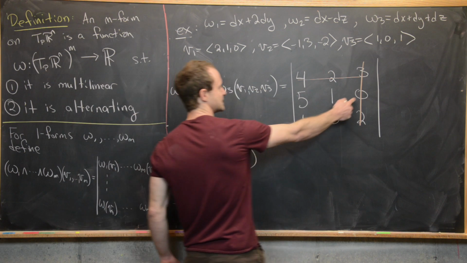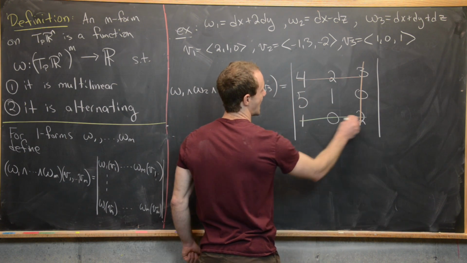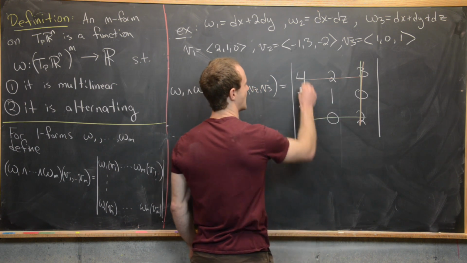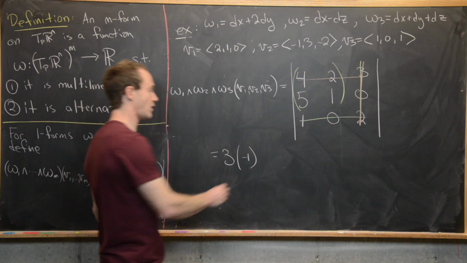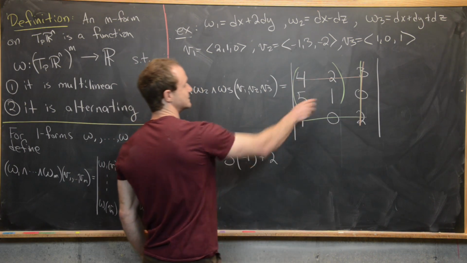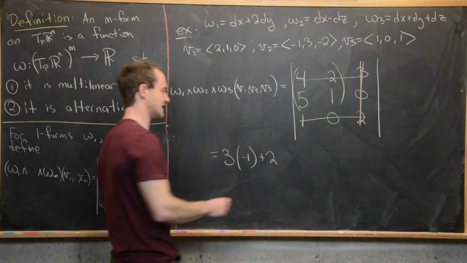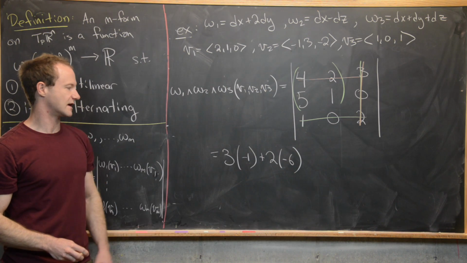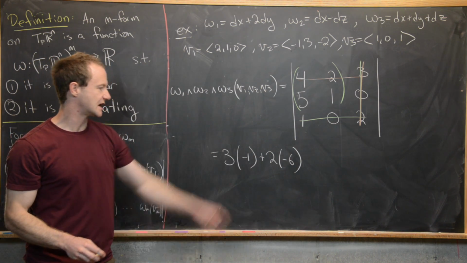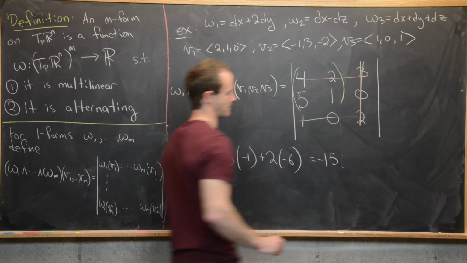Now we can skip this one because it has a 0 in it. And then we can do, lastly, the cofactor expansion about that, which leaves us this submatrix. So that'll be plus 2 times the determinant of that 2 by 2, which is going to be 4 minus 10. So that'll give us negative 6. So we've got something like that. So notice that's going to be negative 3 minus 12. So that'll be negative 15.